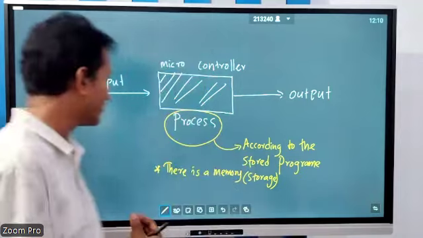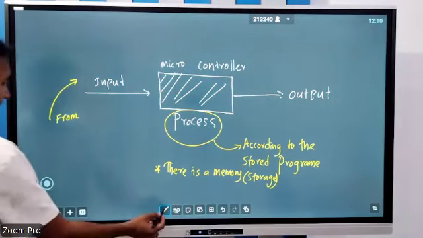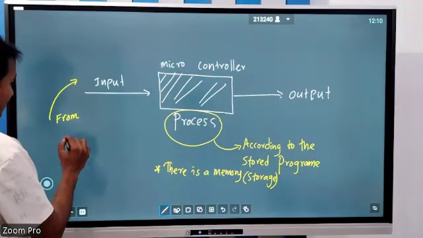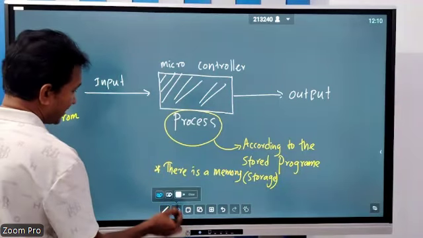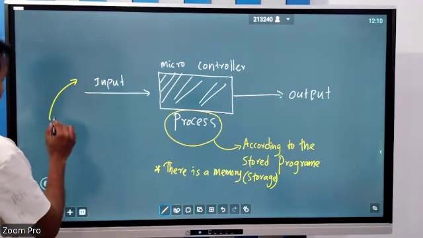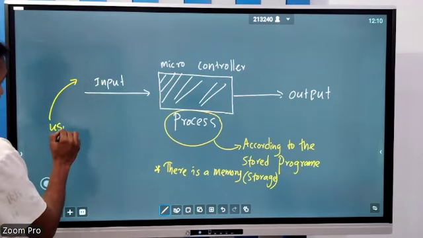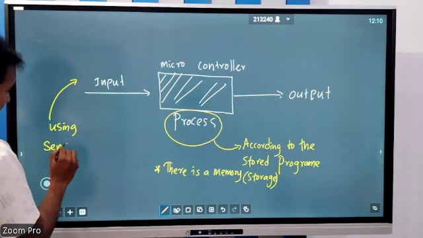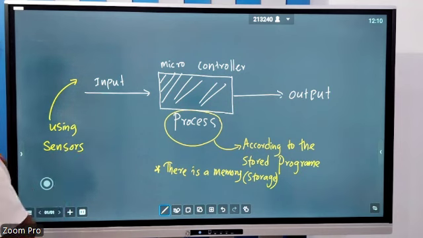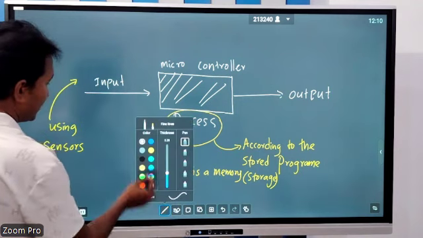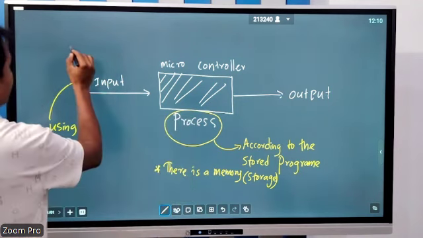From its sensors. Get the input using sensors, right?